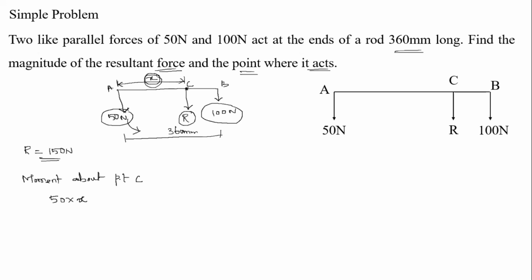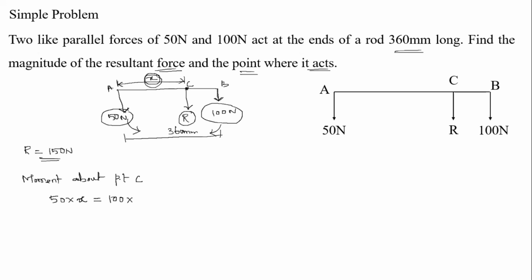With respect to C, the 100 Newton force from B is acting in the clockwise direction. Both are opposite, which is equal to 100 Newton into the distance. The distance between B and C is equal to 360 minus x.